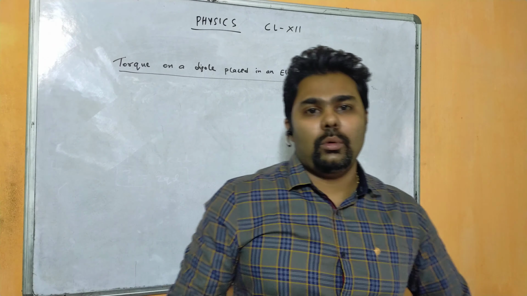If I subtract L, then this will be the distance between plus Q and P, that is R minus L. Similarly, the distance between terminal A and P, that is from O to P, that is R, and from O to A, that is L. That means L plus R, or that can be written as R plus L. That means the total electric field produced at point P, that is E equals to EA plus EB, right? That is the total electric field produced at point P.